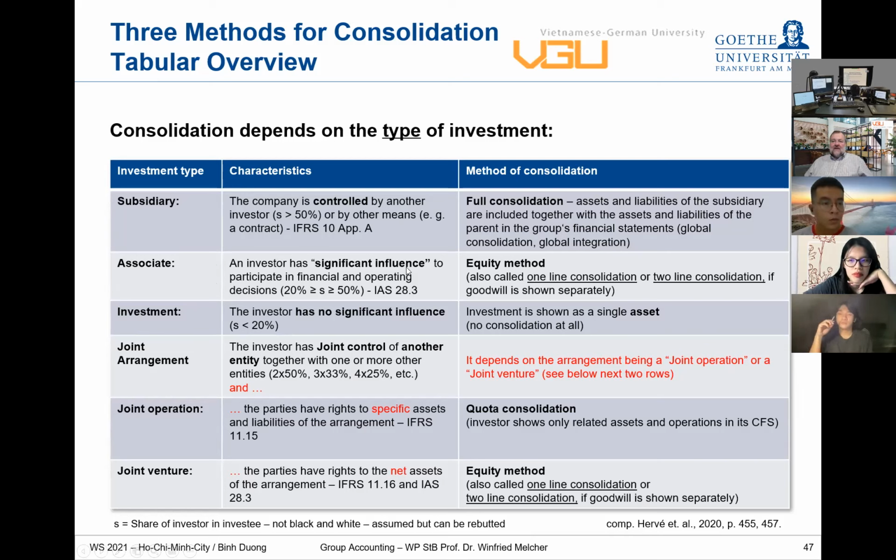All intra-group assets and liabilities, equity, income and expenses, as well as cash flows from transactions between consolidated entities are entirely eliminated in the course of the consolidation process. We will have a look at that a little bit later.